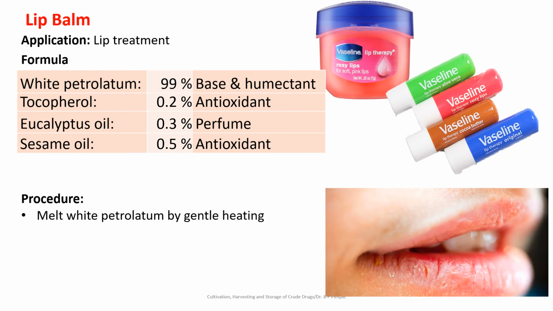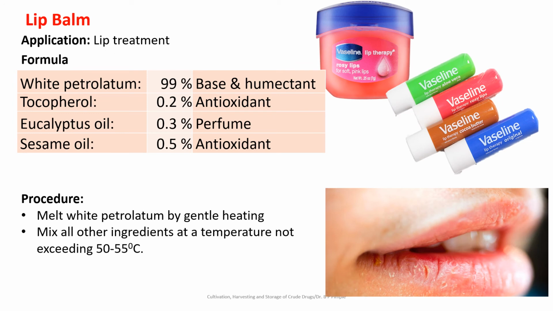The petrolatum is heated at around 40 to 50 degrees Celsius, and then other ingredients are added to it dropwise, and the temperature is maintained at around 50-55 degrees Celsius until all the ingredients are homogeneously mixed.